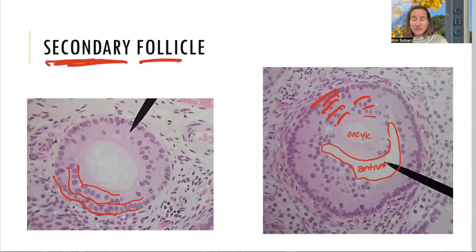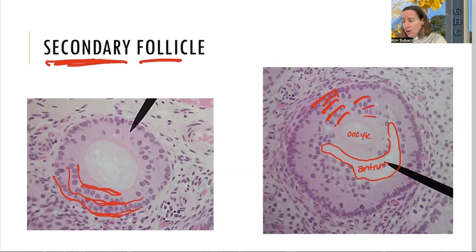So those are the giveaways for secondary. If you see a slide and you're wondering what stage follicle you're looking at for this egg development, we are at a secondary follicle because we have multiple layers of cuboidal granulosal cells on the outside. They're starting to differentiate into theca cells and granulosal cells.